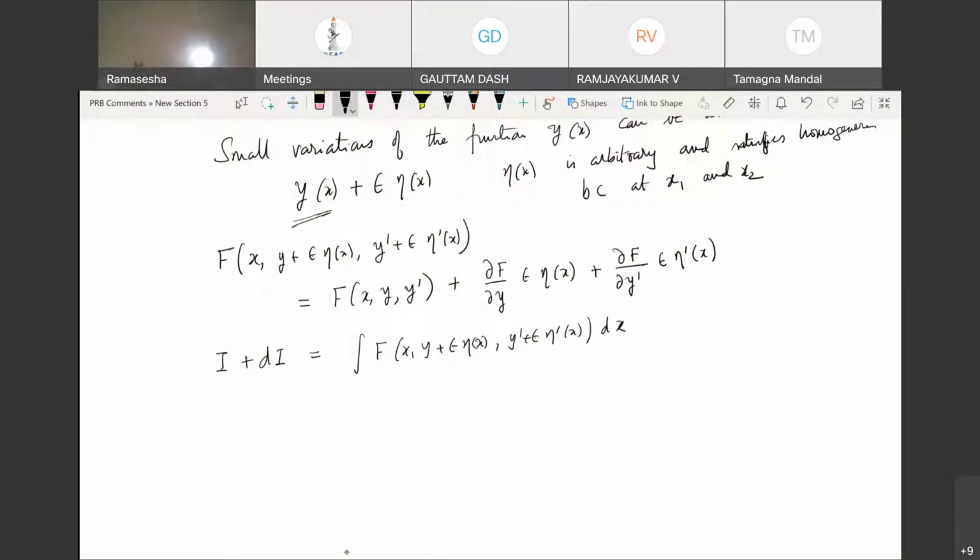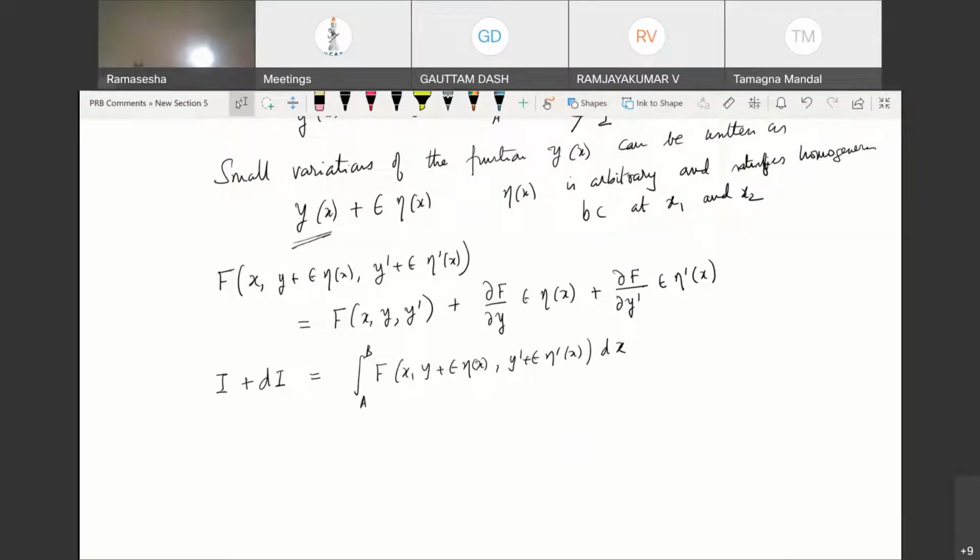I'm between the same points here, so the end points are not moving. Points A and B are fixed. From now on, instead of writing eta of x, I'll just write eta. It is much easier for me.